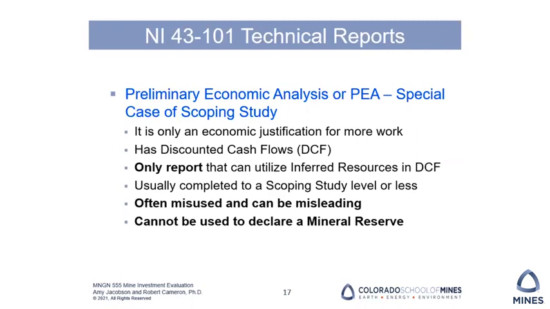Companies love these. Stock exchanges, while they allow them, do not like these at all. And that's why I call it a special case, because people tend to take these, getting back to it being misused or misleading, and say, oh, well, the Dr. Bob mine 500 miles west of Winnemucca has this sort of economic characteristics, and there's 100 million tons of potentially mineable mineral resources at 5% copper.